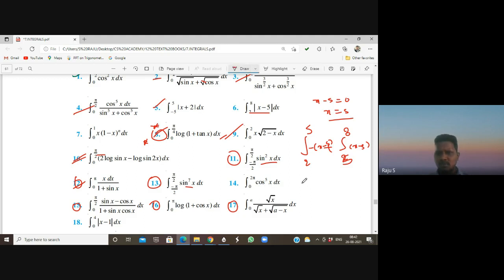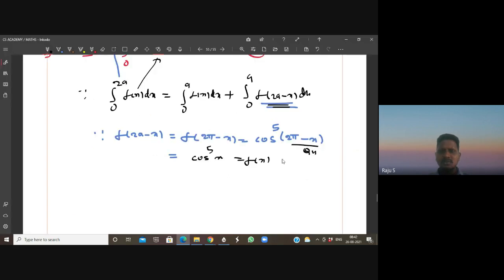In case they give x is greater than pi by 2, then we can't say. They have not given anything, so it is just a variable. You just have to think about this 2 pi minus x. So finally, f of 2a minus x is equal to f of x.